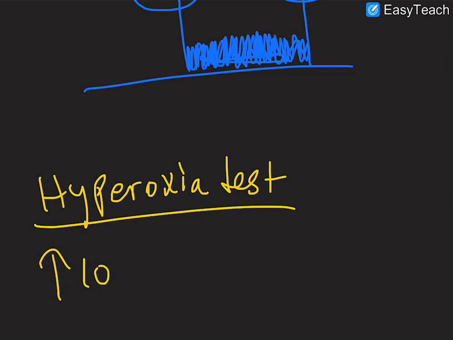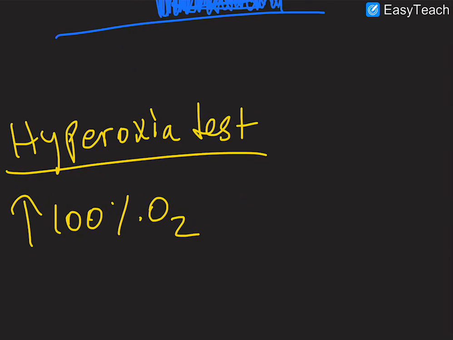Normally if you give 100% oxygen to someone that has low oxygen, you're expecting the oxygen to rise to a normal level. But in these babies, it'll rise very little. It won't get to normal oxygen levels.